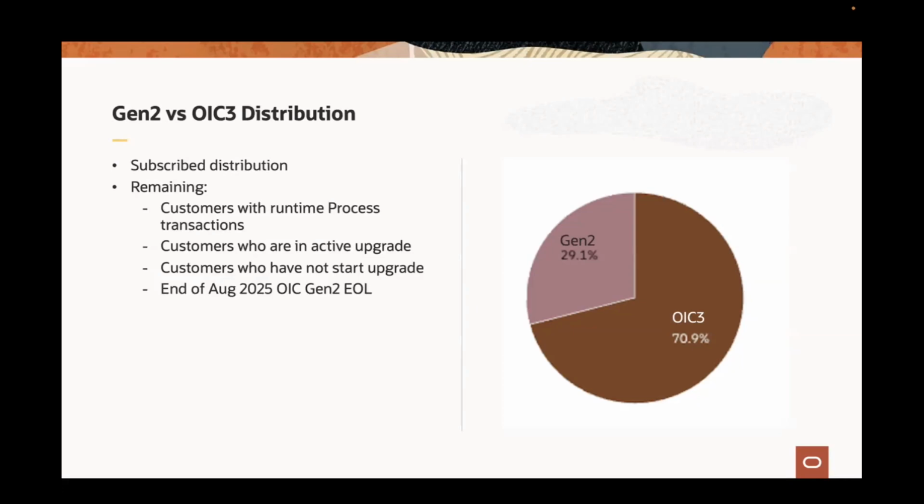And then customers who have not started their upgrade for any number of reasons, whether they were in active development or they had other operations going on, they have until the end of August 2025 to begin and end their upgrade.